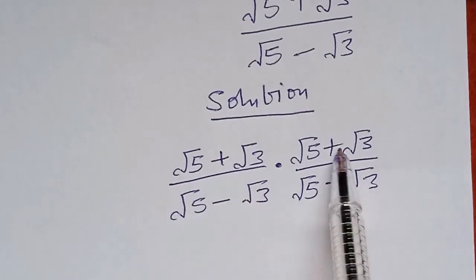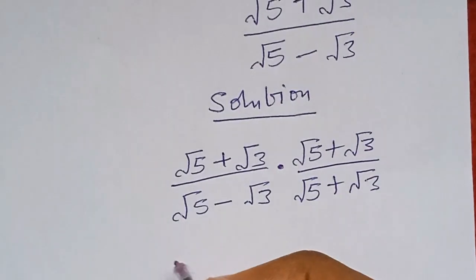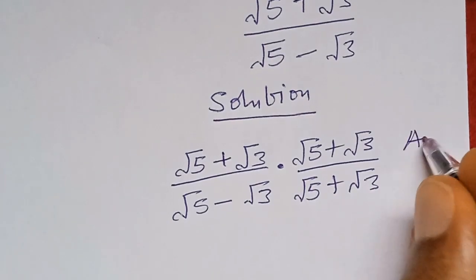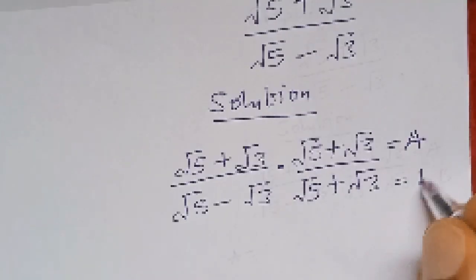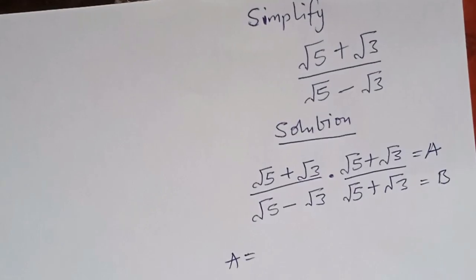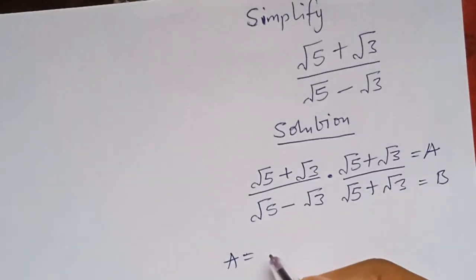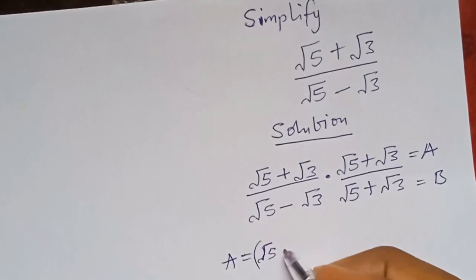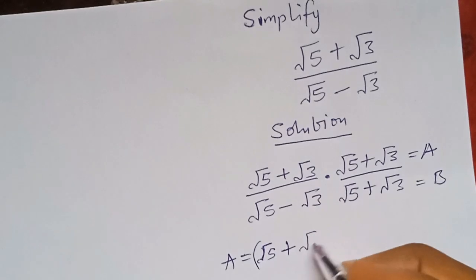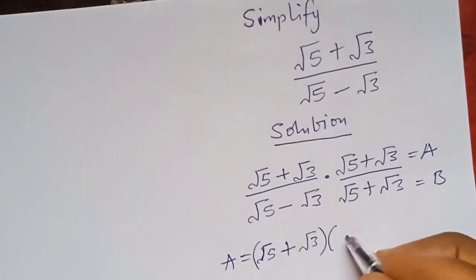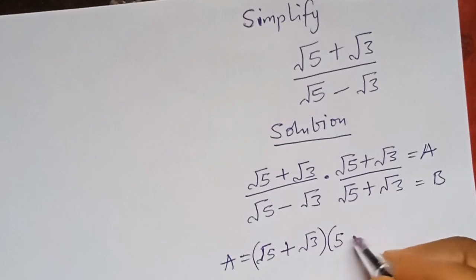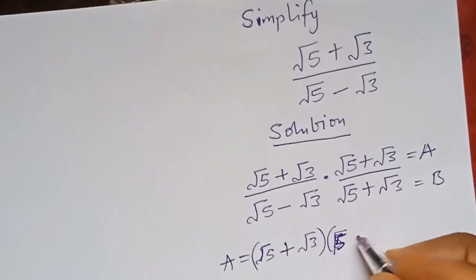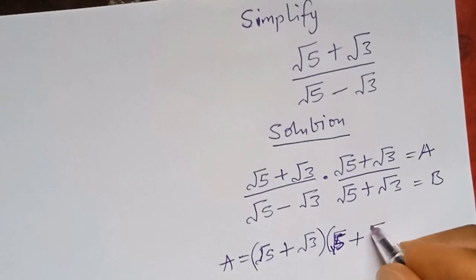Here we expand the numerator. Let's put this upper part as A, then this denominator as B. So let's expand A. To expand A, we have square root of 5 plus square root of 3, close the bracket, open another bracket, square root of 5 plus square root of 3.